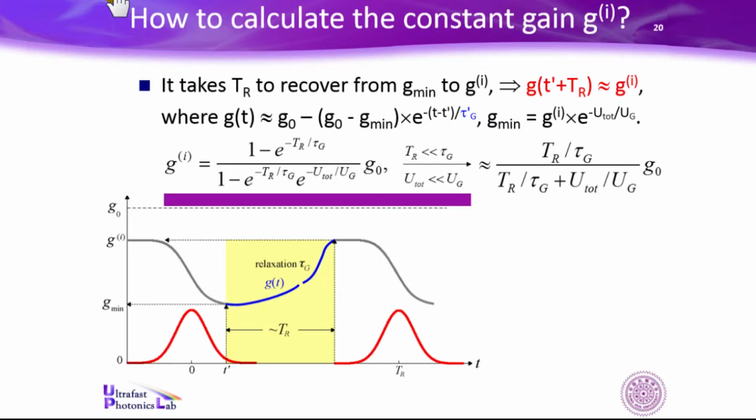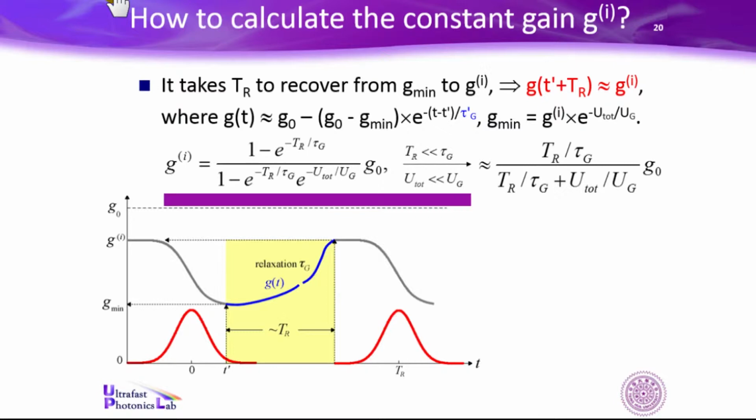But if you do so, 1 minus 1 equals 0. You got nothing. So you cannot use the zeroth order Taylor series approximation, but the first order Taylor series approximation. So this is not 1, but 1 minus TR over tau g. You need two terms. Okay? And 1 minus 1 can cancel with each other. So only TR over tau g is left. So that's the numerator.